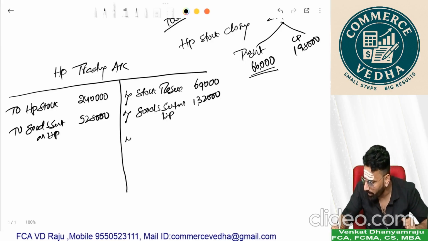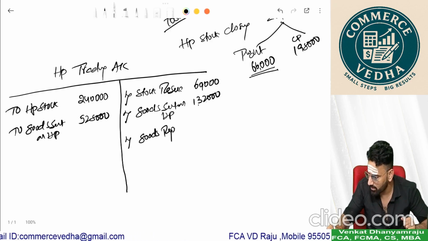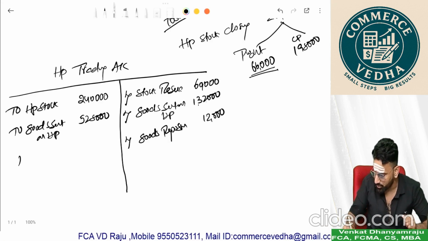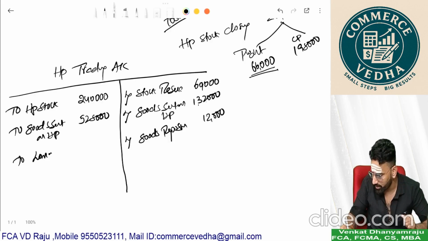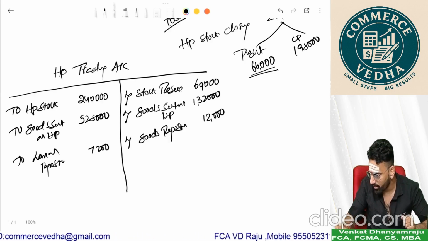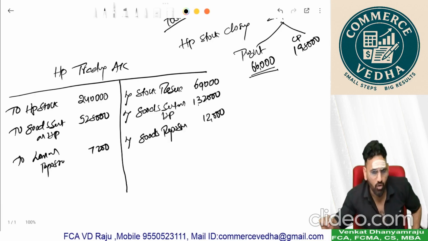And then by goods repossessed, 12,000, and to loss on repossession, 7,200. If you see, the net is the stock value. 12,000 minus 7,200 is 4,800, the stock value.